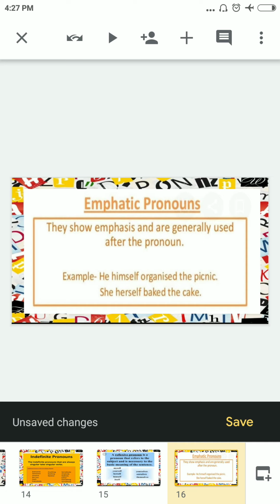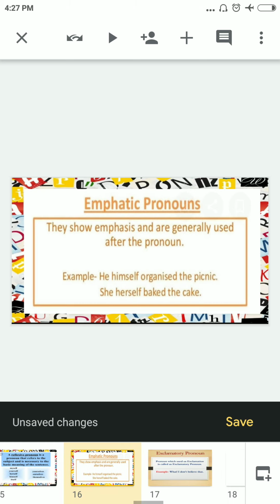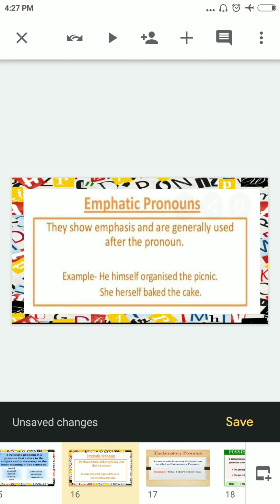So if you are using "he", just after that you are using "himself", not at the end, not at the object place. So this is the main difference between the reflexive pronoun and the emphatic pronoun. I have given you the trick, so don't be confused.